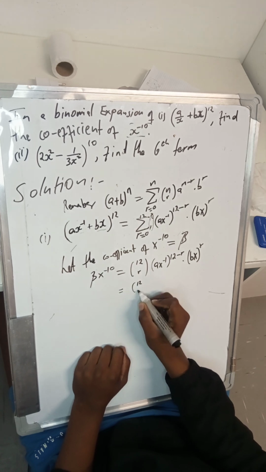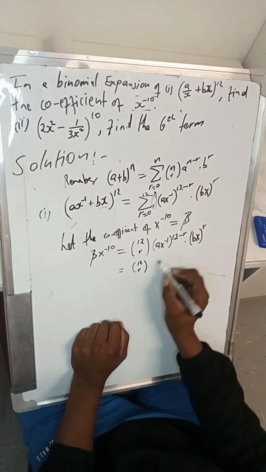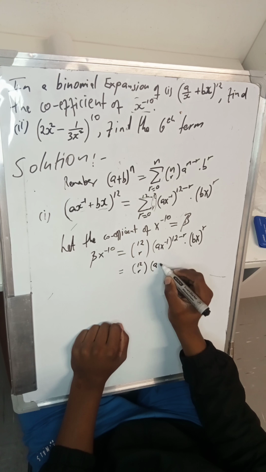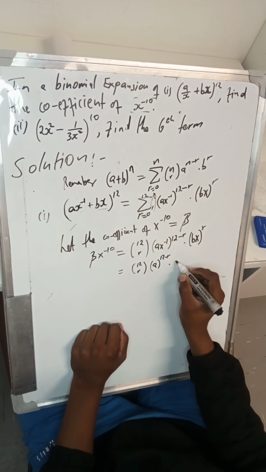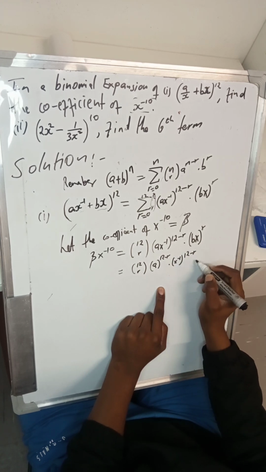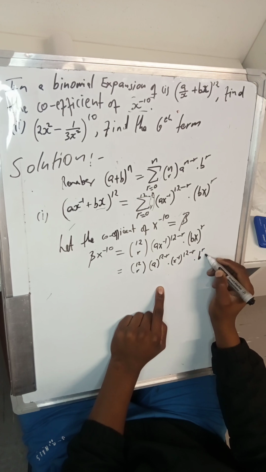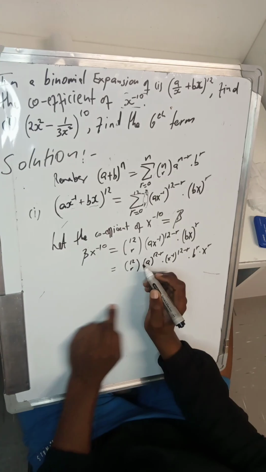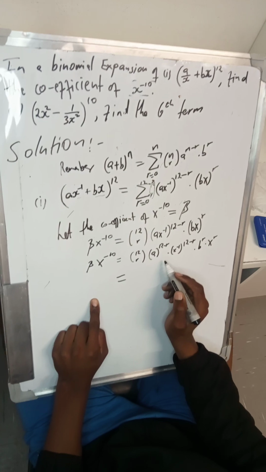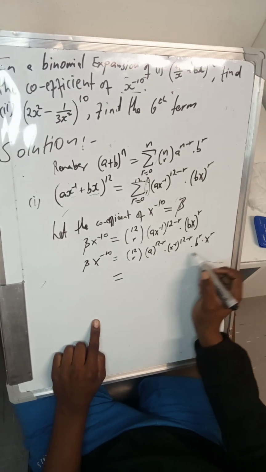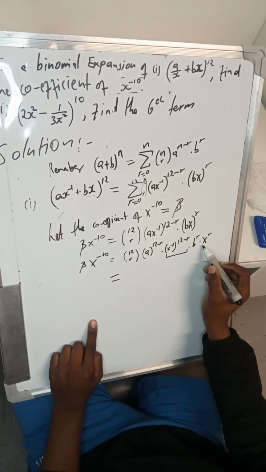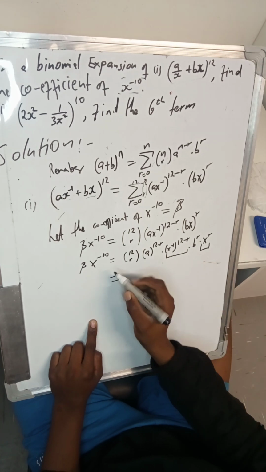This is the same as 12 choose r, I'll multiply on the inside, so it's a to the 12 minus r times x to the -1 to the 12 minus r, times b to the power r times x to the power r. But this is all equal to beta x to the -10.